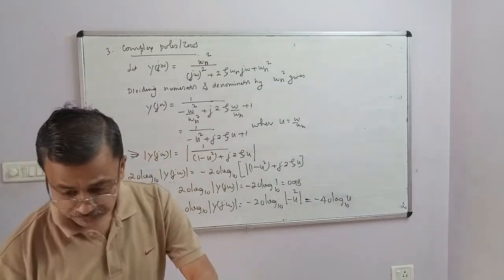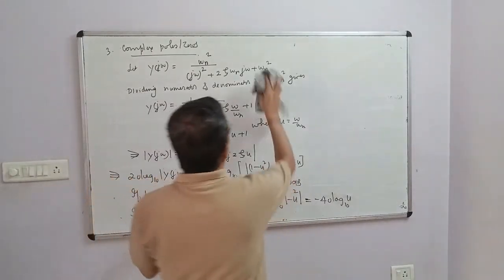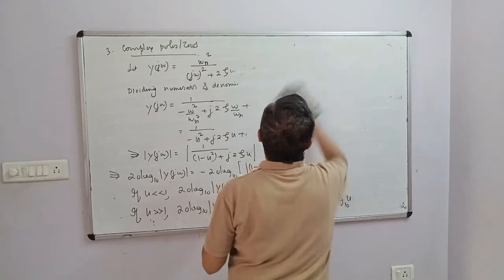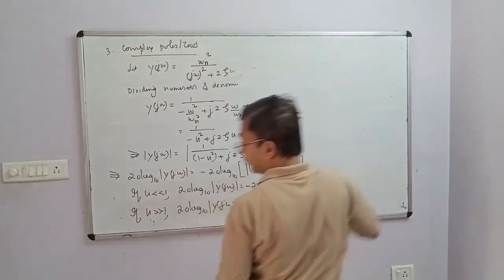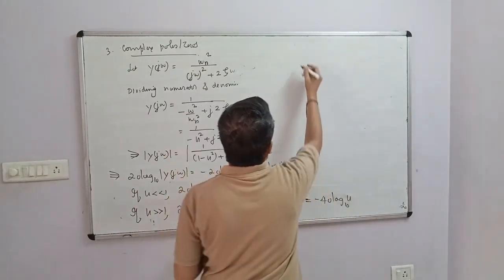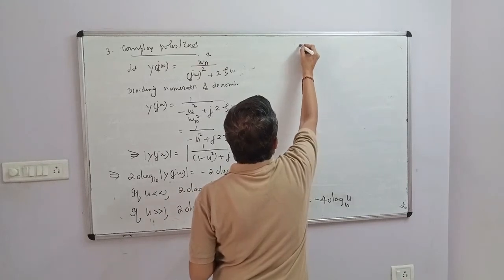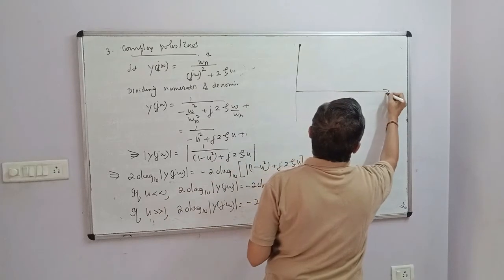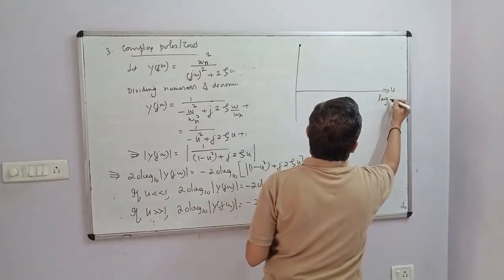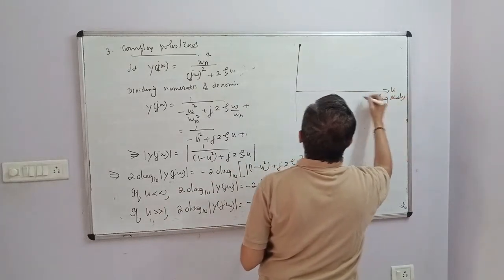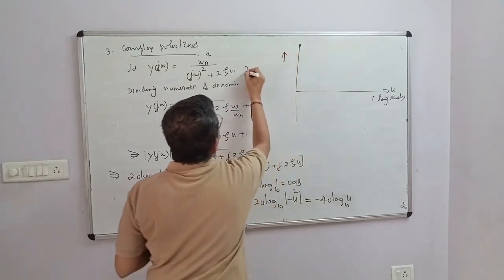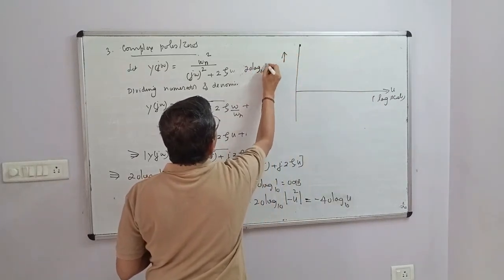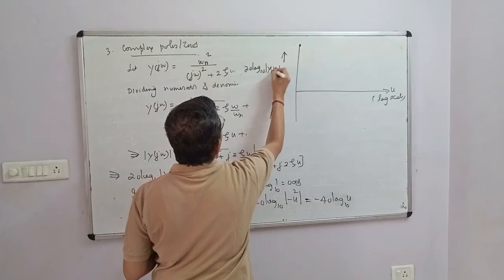I am going to sketch the magnitude diagram and phase diagram now. First, the magnitude diagram. For sketching the phase diagram, we need to do some calculations. X-axis is u in log scale. Y-axis is 20 log to base 10 magnitude of y of j omega.